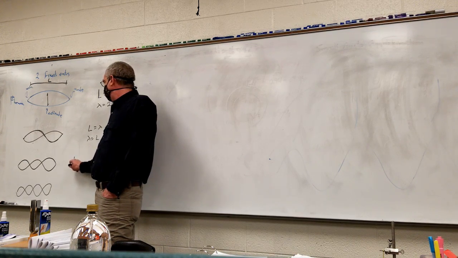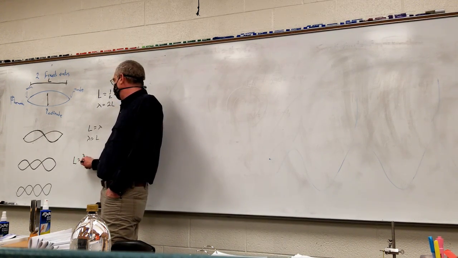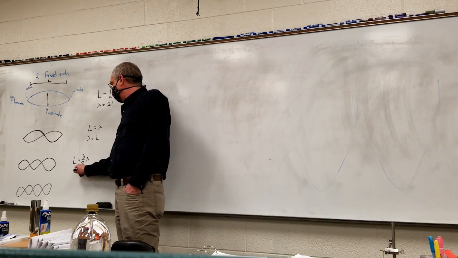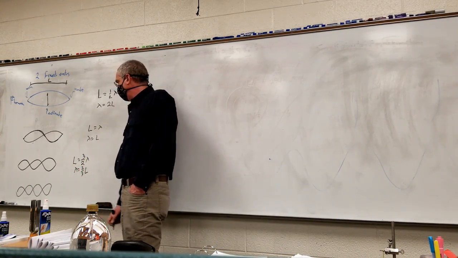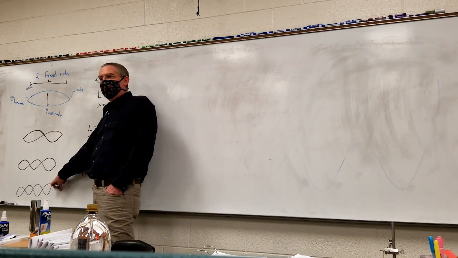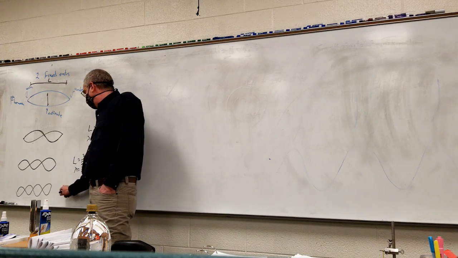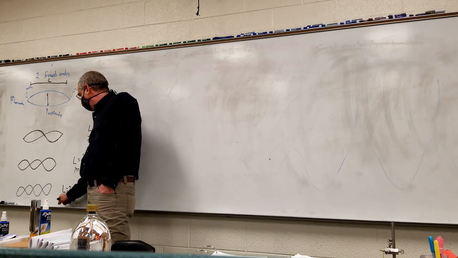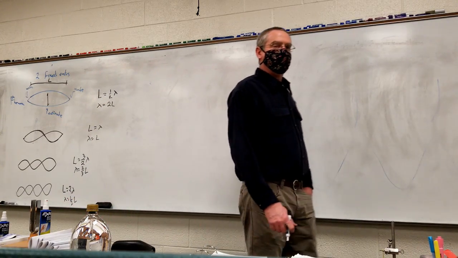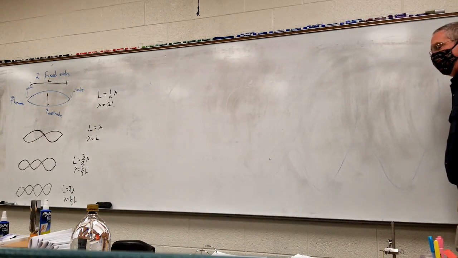So L is equal to 3/2 of a wavelength, or 1.5 wavelengths, or the wavelength is equal to 2/3 times L. And in the last case, how many waves? 2. So L is equal to 2 times the wavelength, or the wavelength is half of L. Recognize every time we go to the next harmonic, we're adding a half a wave.